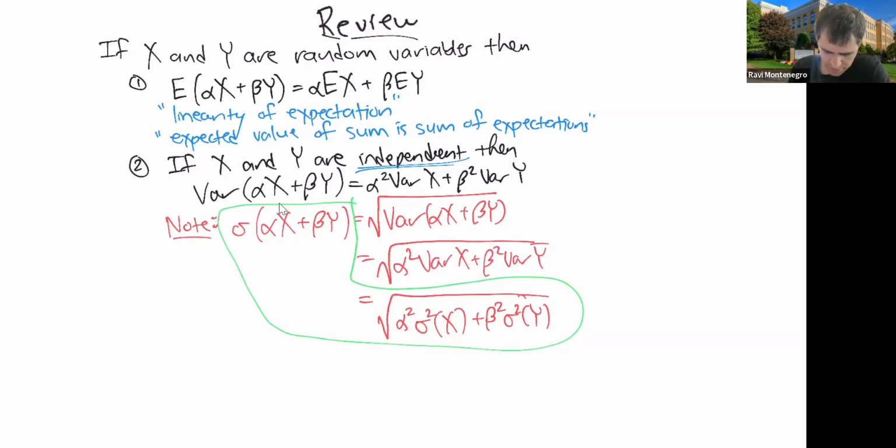And one other comment to put down here, which is not a new thing, it's just reminding you of something from last class. If we have alpha x plus beta without y, then that linearity of expectation still works.